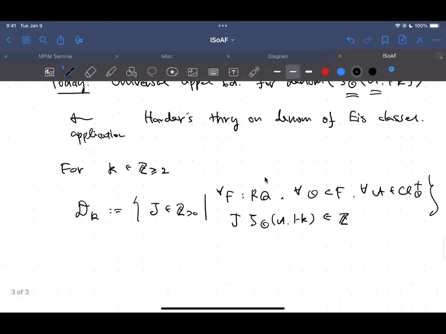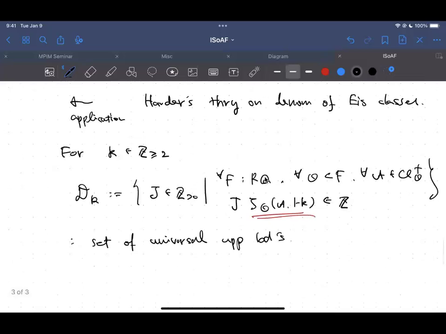So these J are a kind of universal upper bound for these rational numbers. So this is the set of universal upper bounds of these partial zeta values.